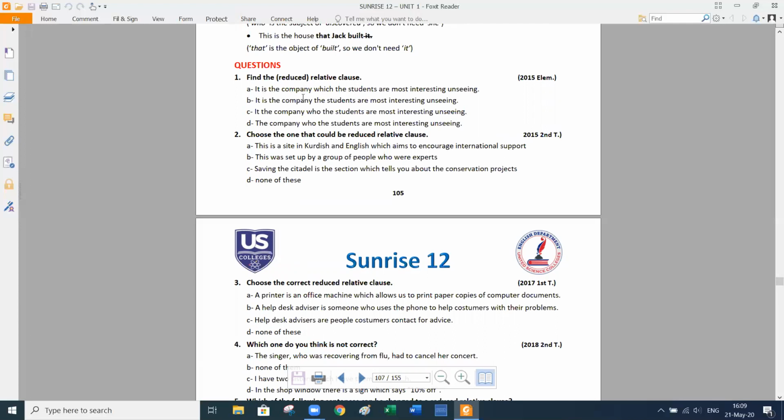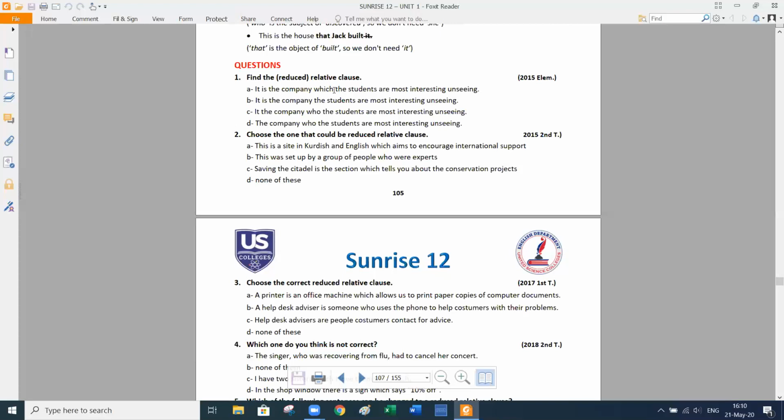A says it is the company which the students, so we have a relative pronoun here, the company which. So this is not reduced. Which the students are most interested in seeing. Now there is a mistake here, as I taught in the class. The original sentence, I'm not sure, but it should be, it is a company which the students are most interested in seeing, something like that.